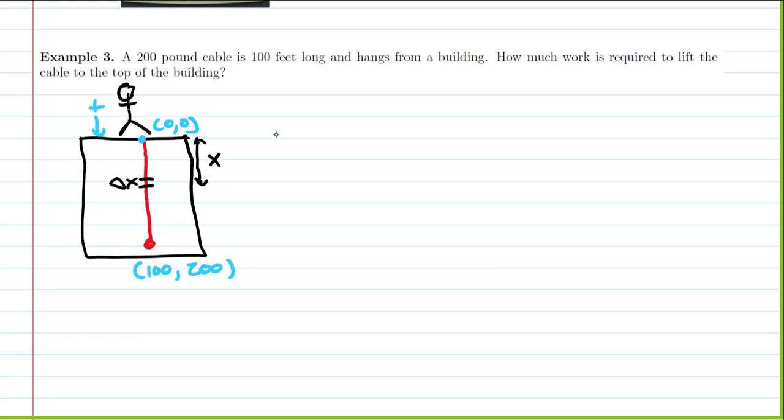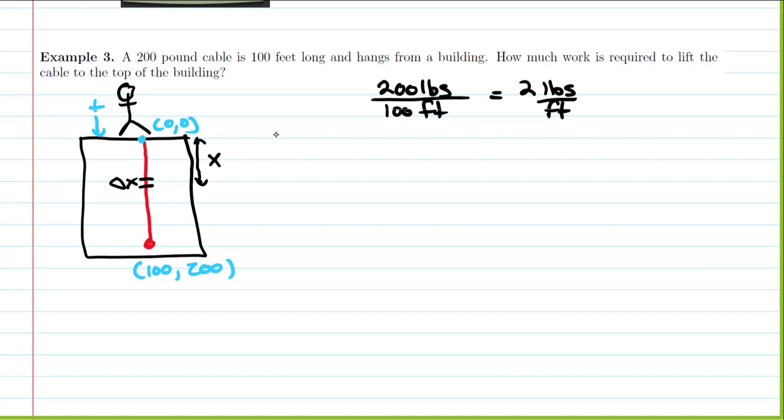I have 200 pounds of cable, and it's 100 feet long. If I take 200 pounds of cable and divide it by 100 feet, 200 divided by 100 is 2, and that tells me the weight of that cable is 2 pounds per foot. So that's referred to as its density, or in this case, its linear density.